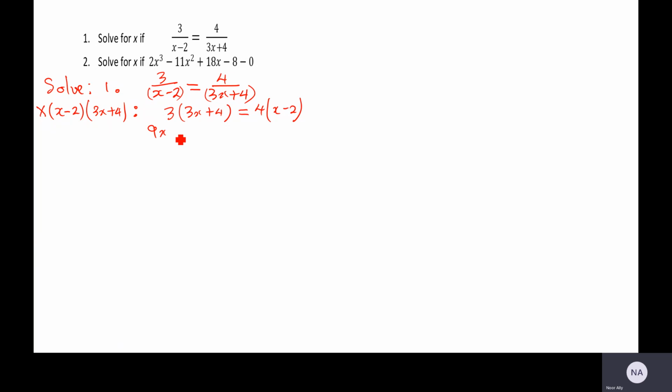That's 9x plus 12 is equal to 4x minus 8. Just going to cut down on some steps. Minus 20, I get x is equal to 4. So there is your solution.